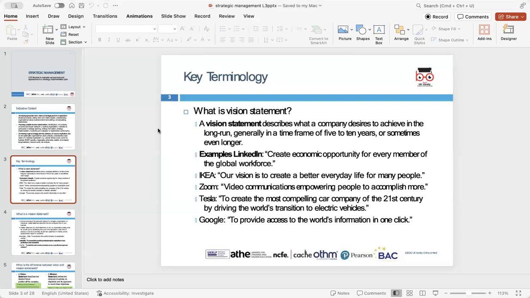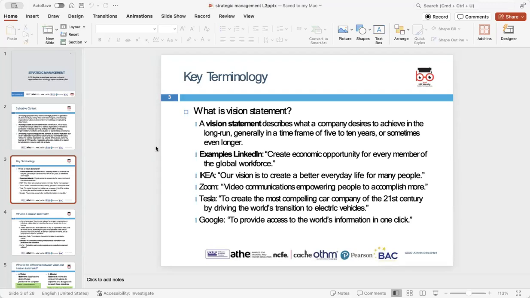Anyway, so key terminology. What is a vision statement? A vision statement is a long-term description of what a company wants to achieve in the future. It often outlines the company's aspiration over a period ranging from 5 to 10 years or even longer to provide the overall direction for the organization, following it to stay focused on its long-term goals.